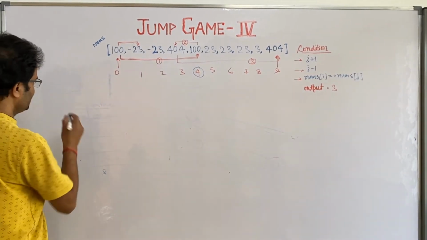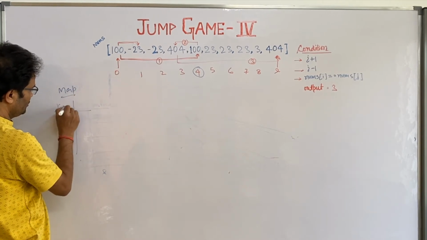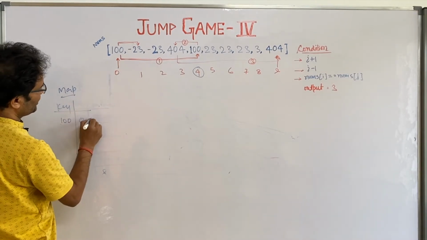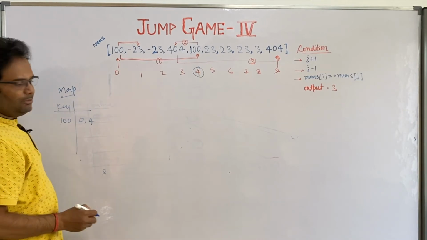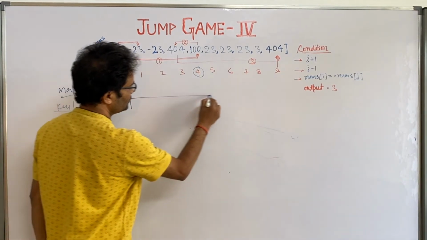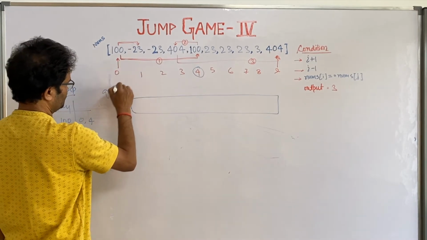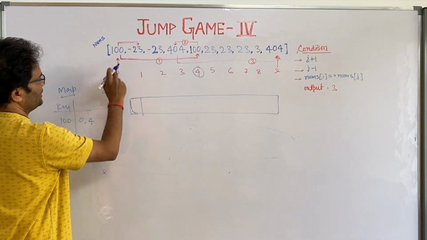So keep in mind, we have this map already created, what I showed you. For the 100 we have the 0 and 4, and similar for the things that I have already shown you. So what I will do, I will take one queue. This is our queue, and we start from the first index, index 0.